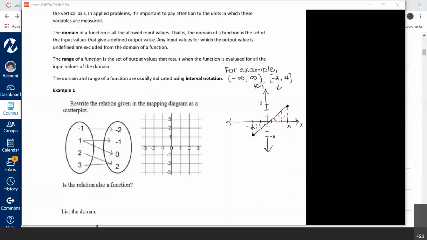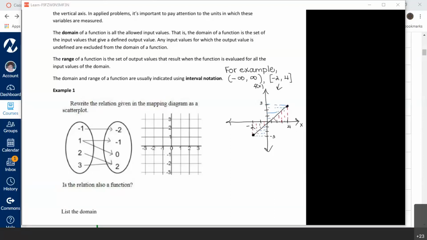If I were to look at range, I would just simply look at the vertical axis, the output axis. And I could see if I were riding on this function, I could see everything from -3 all the way up to +3.